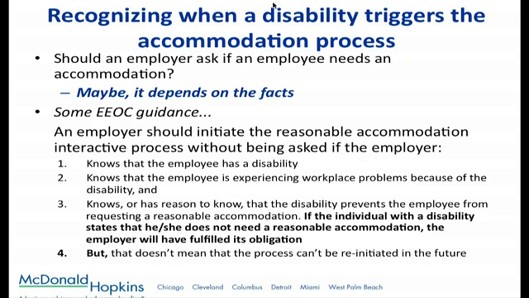If you go through that process and the individual says, I don't need anything, even though they have a disability, you see these issues, you ask them, is there anything that the company can provide in order to afford you the ability to perform the essential functions of your job? And they say no. Well, you document that and your process has ended. But it doesn't mean that the process couldn't be reopened in the future if need be.